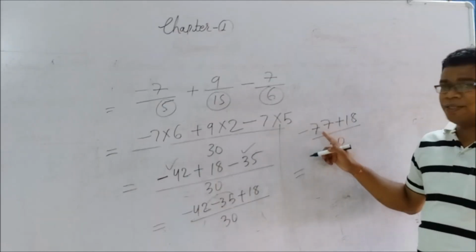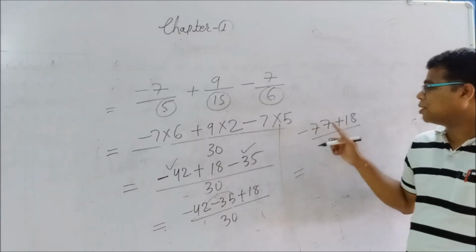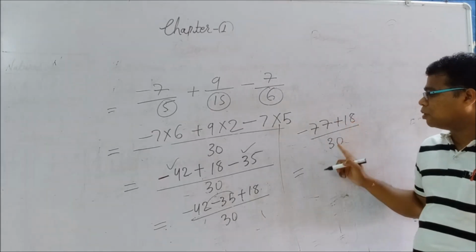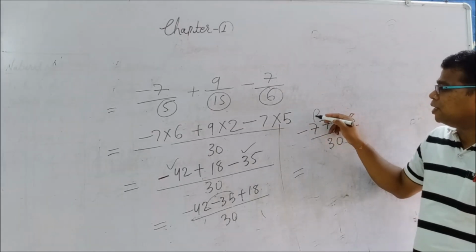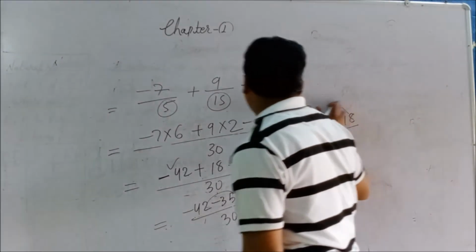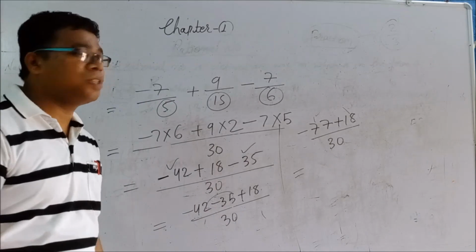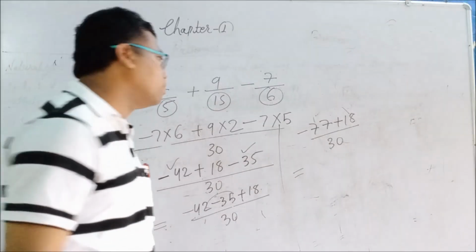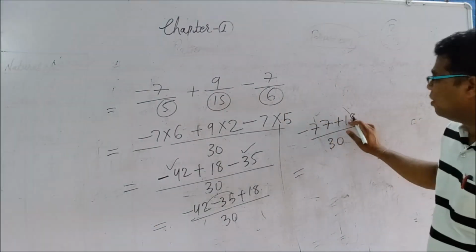It gives me minus 77 here, plus 18 same upon 30. This is the negative integer and this is the positive integer. Both are opposite to each other. So here what do I have to do? Subtraction. Subtract 18 from 77.